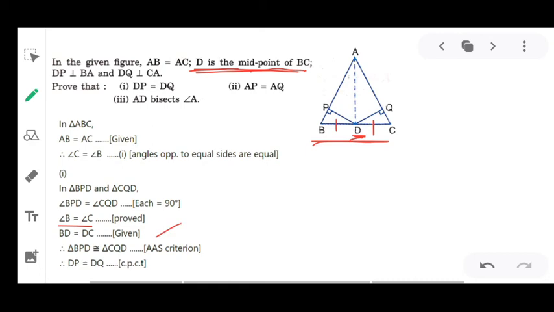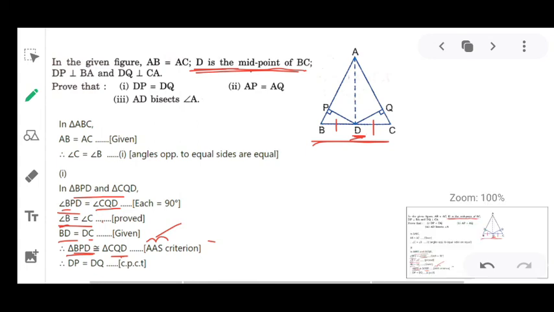So in triangle BPD and triangle CQD, we have these two angles same, angle B equals angle C, and BD equals DC. So triangle BPD is congruent to triangle CQD by the AAS axiom of congruency.